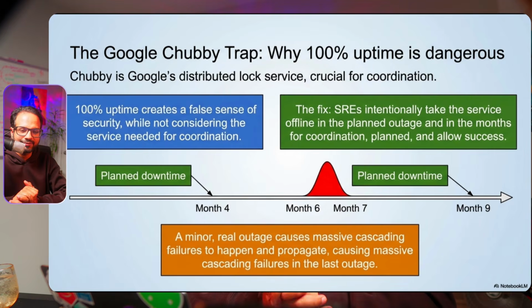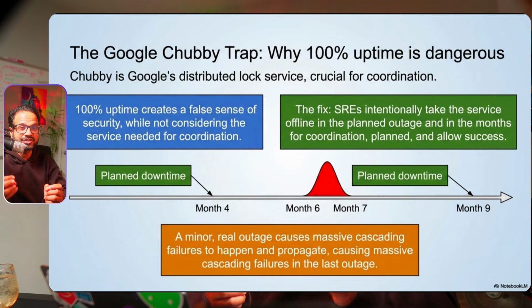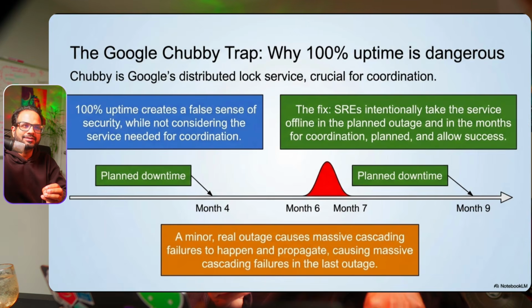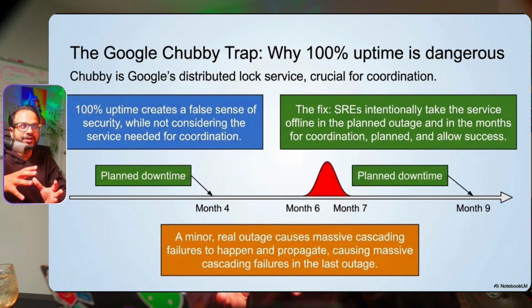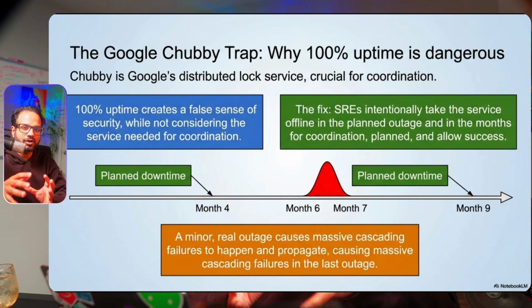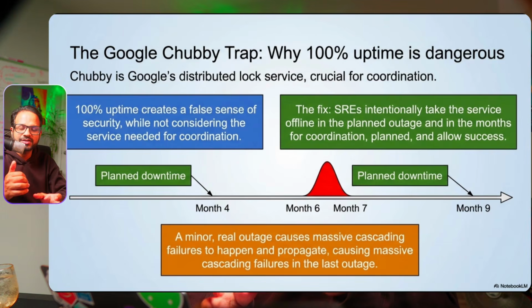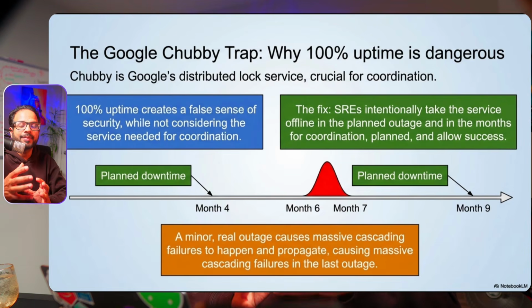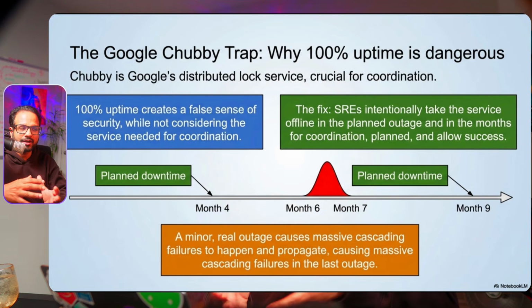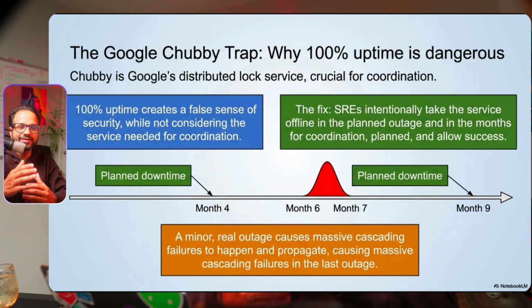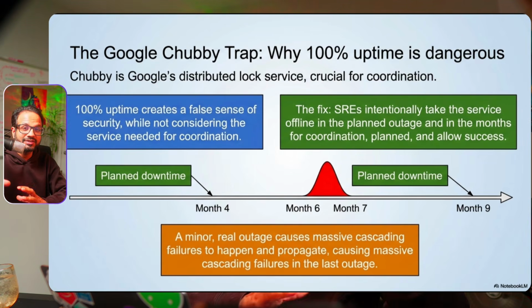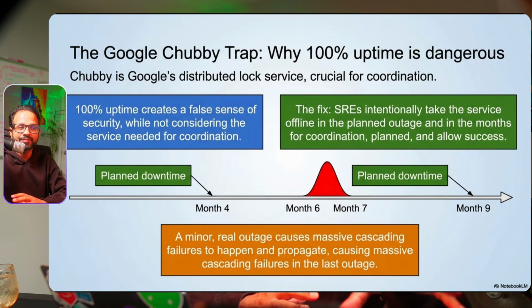So let's try to understand from Google's perspective why 100% uptime is dangerous. So Google has a service called Chubby, which is a distributed lock service, and that helps with the coordination of multiple services. Now, when you are aiming for 100% uptime, it creates a false sense of security, because if any of the services goes down, the other services dependent on it or coordinating with it might not be prepared for the fallback, or they might not be ready for what to do next when the service is absent for a brief moment of time, right?